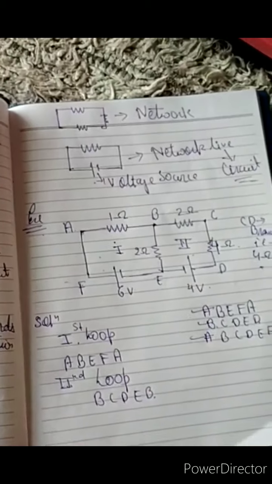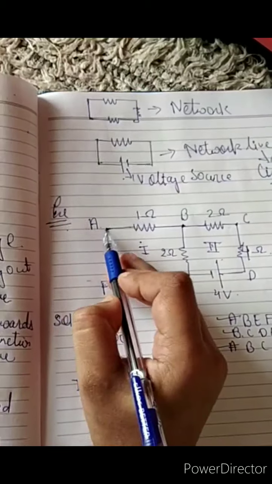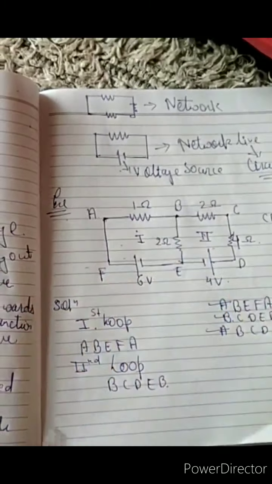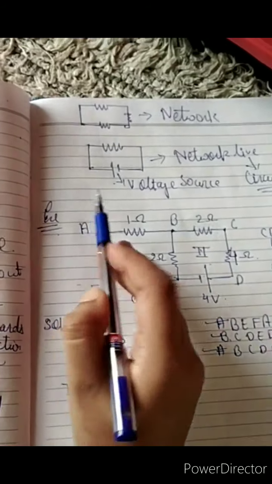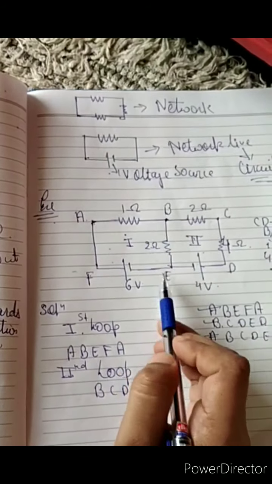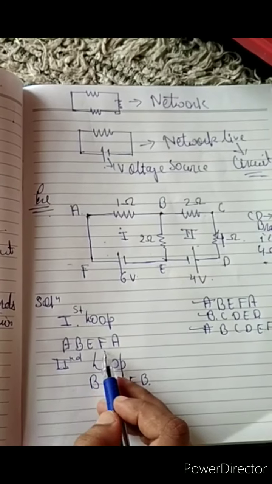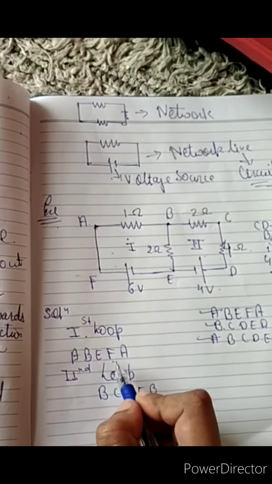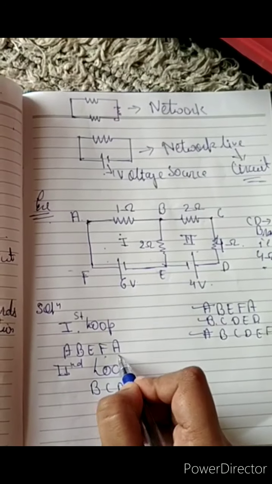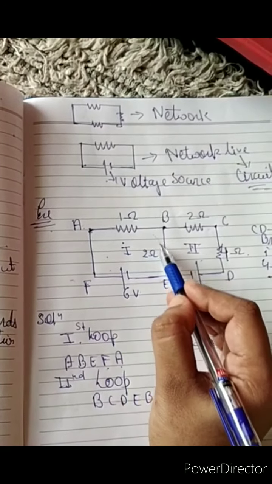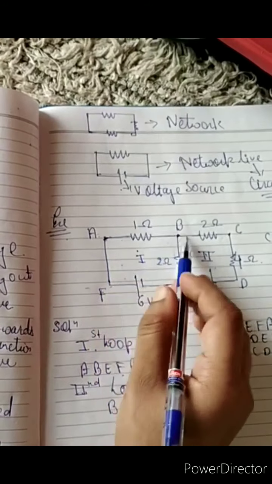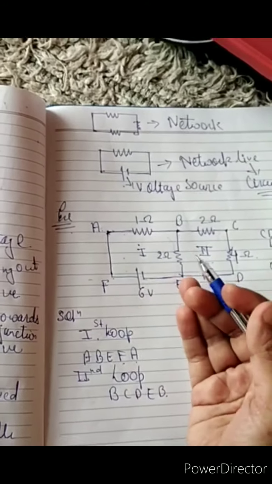Now we have to start. Look, I have taken A. Whatever point you choose, you have to come back to that point. I started from A, B, E, F. Don't just drop your pen over here at F. You have to again travel to A, then only your closed loop will be complete: A, B, E, F and A. Don't just do A, B, E, F and think this is also closed.